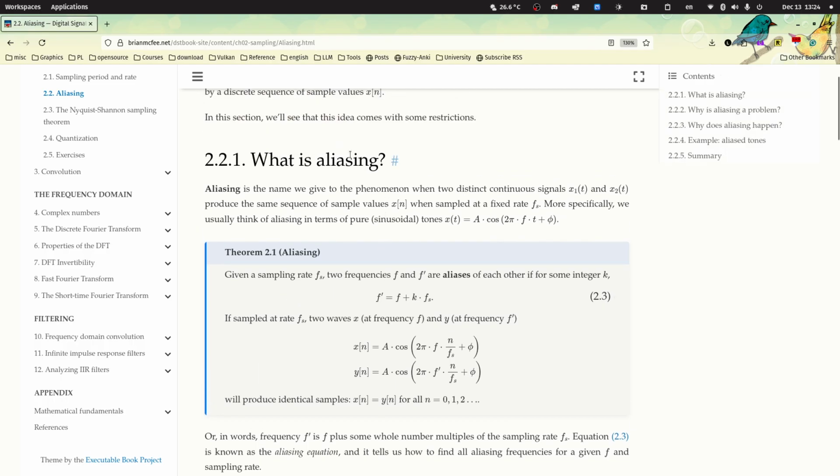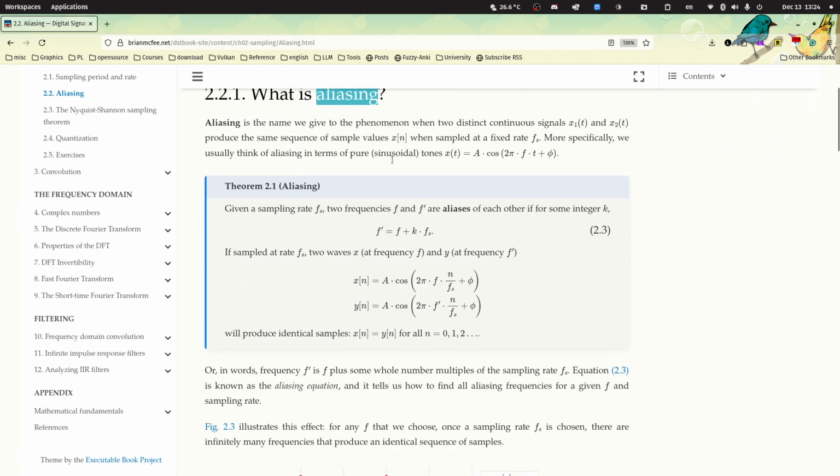Anyway, this is something I didn't know for a long time. I only knew aliasing as the visual artifact. I didn't know it had this deep meaning until much later. But this is the definition of aliasing. It's basically that a high frequency and a low frequency produce identical samples.